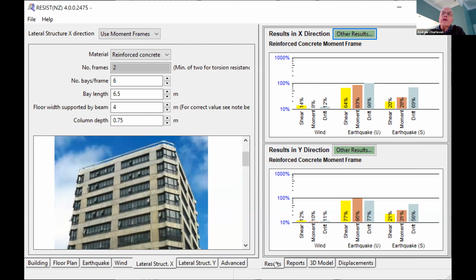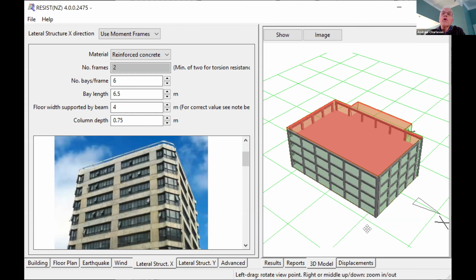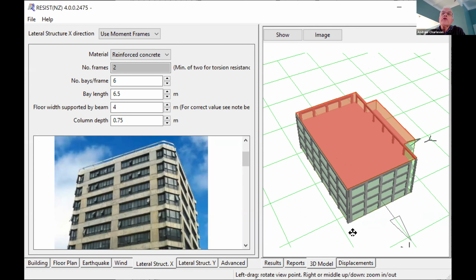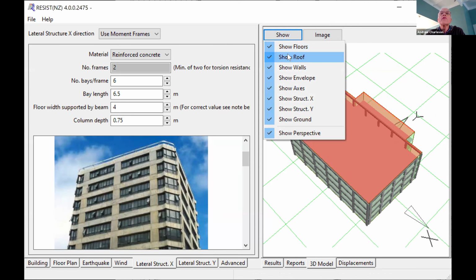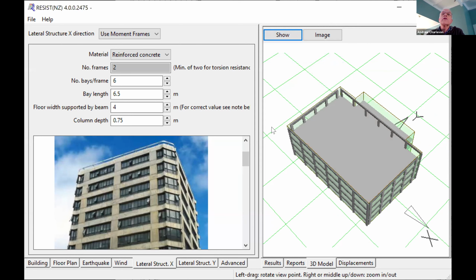Now, once you've finished your design, then you should go to reports. But before you go to reports, you go to your 3D model and you rotate it so that you can see the structure really clearly. And if you want to, you can switch off the roof to show it even more clearly.